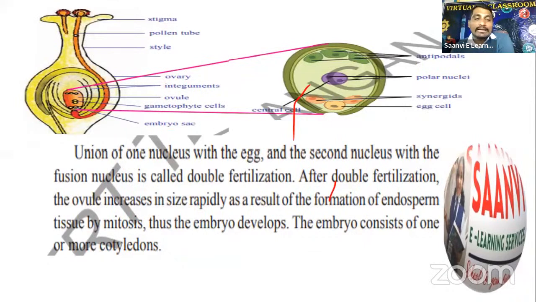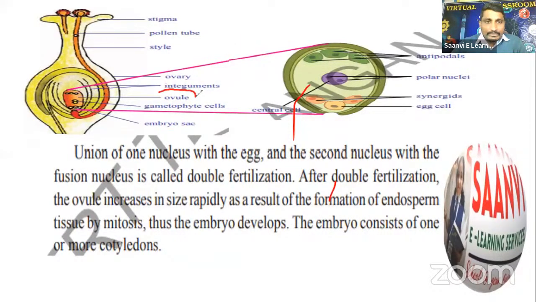After double fertilization, the ovule increases in size rapidly as a result of the formation of endosperm. When double fertilization is completed, the ovule increases in size. See here, the ovule, which is present in the ovary.